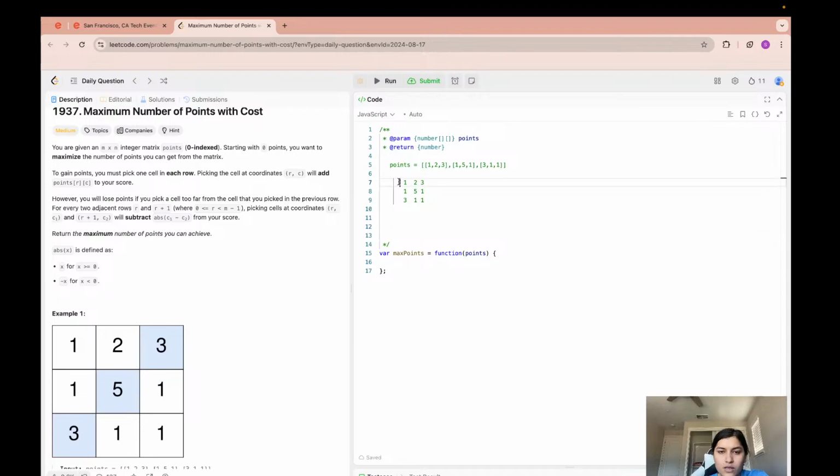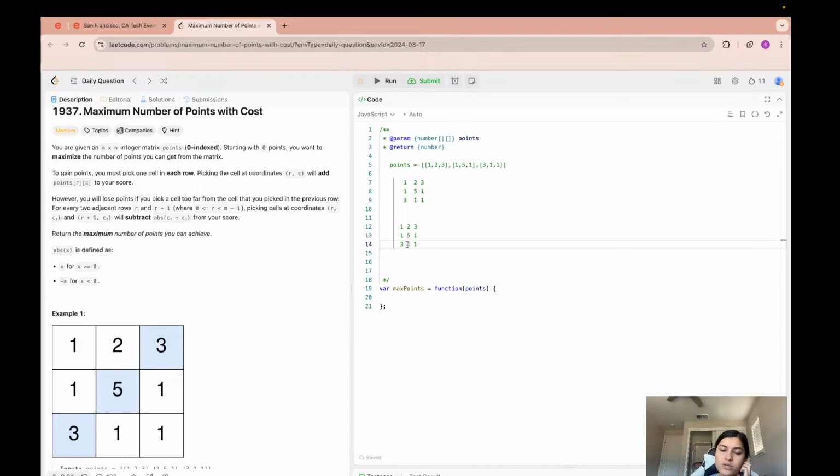For example, from 1 2 3, I can select 3 because it is the highest, and from 1 5 1, I can select 5 because it is the highest. From 3 1 1, I can select the 3 because it is the highest.